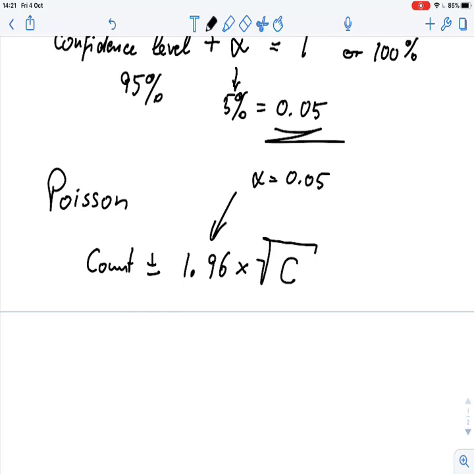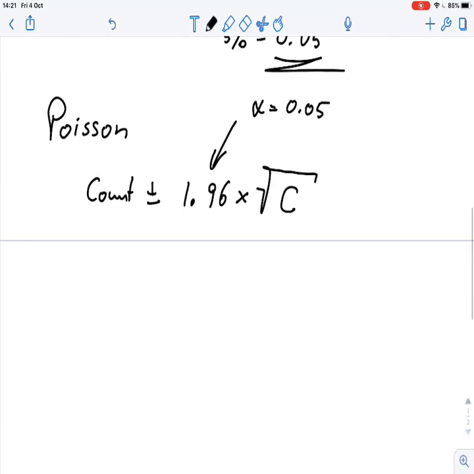So what would you get, for example, if you tried to have a count of 0? Can you quickly do that in your head? What would you get for 0 with this equation? 0. So you would have 0 plus minus 1.96 square root of 0, and that means 0 plus minus 0. Yeah? And that is where Poisson breaks down, where it doesn't work.